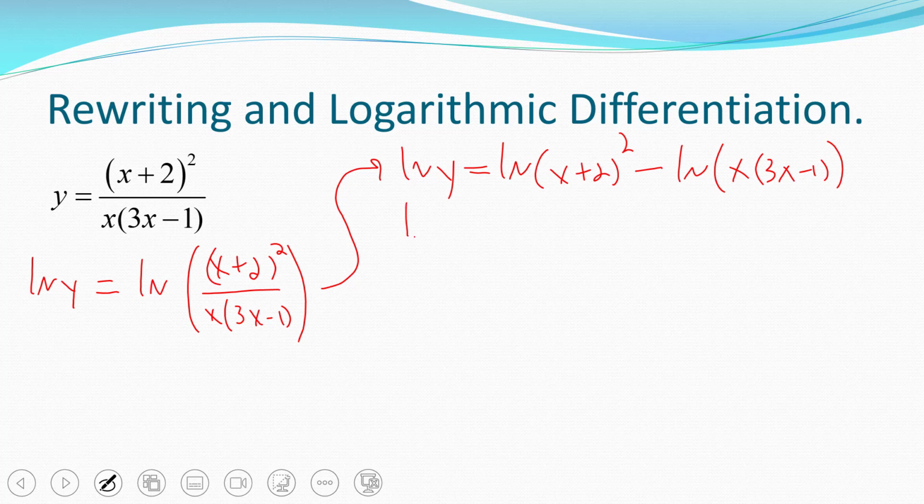But that means you get the natural log of y equals 2 times the natural log of x plus 2. Then you have minus, the natural log of a product is a sum of logarithms, but the negative distributes through that sum, so they become subtractions. Get the natural log of x minus the natural log of 3x minus 1.